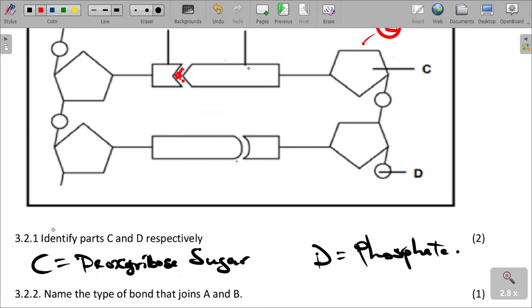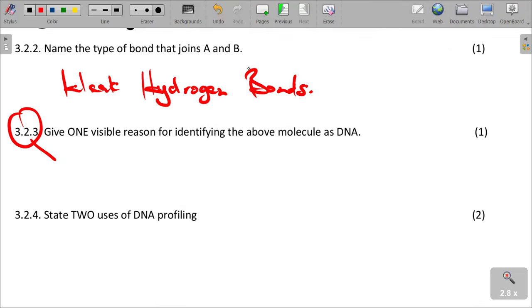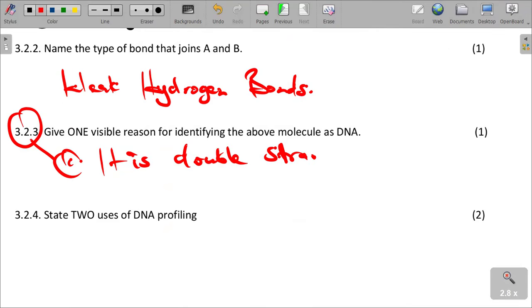Base pairing, or bases are pairing. One, it is a double-stranded molecule. That means it's DNA. Two, we can also say base pairs are present.